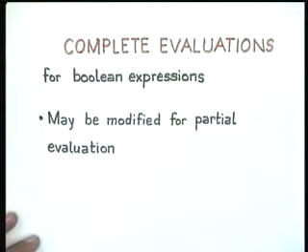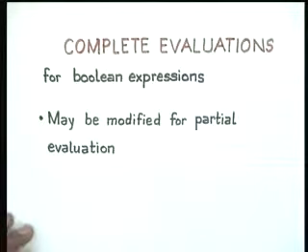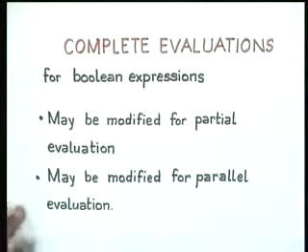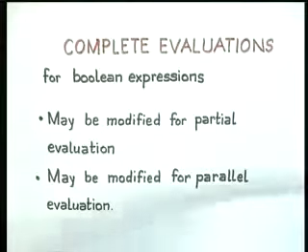You could actually modify this transition system for partial evaluations. By partial evaluations I mean short circuit evaluations, and you could even do parallel evaluation of Boolean expressions, and you could modify all these transition systems also for parallel evaluation.